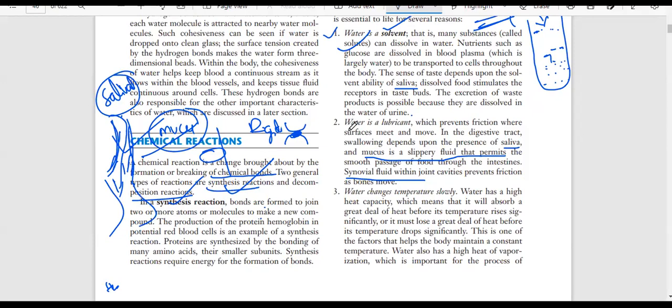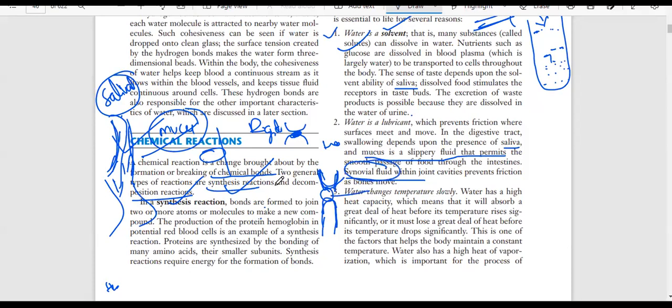One more example, we have the knee joint. We studied in yesterday's class that we have three bones, patella, tibia, femur. With the help of three bones, we have the knee joint. In the knee joint, we have synovial fluid.